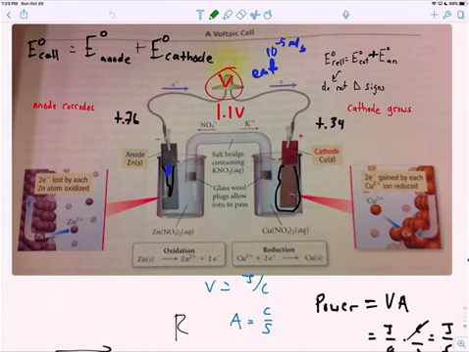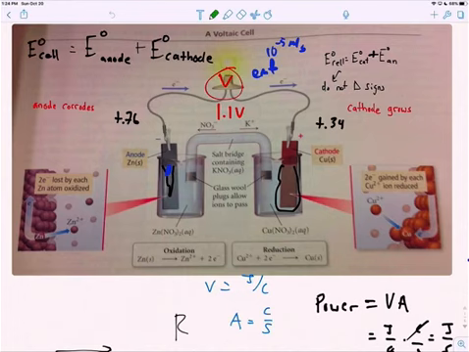So let's say I get one of those standing pools, and I get a car-sized hunk of zinc, and I get a big salt bridge, and I connect the two containers, and I get a big container of copper sulfate, or copper nitrate, I guess in this example, and I get zinc nitrate, put it all in 1 molar, big amounts, and I put another hunk in there, and I take a wire and connect them up, thinking, oh, this is going to be really exciting to see how much voltage is going to be in there. If I had a huge system, it's still going to be 1.1 volts.